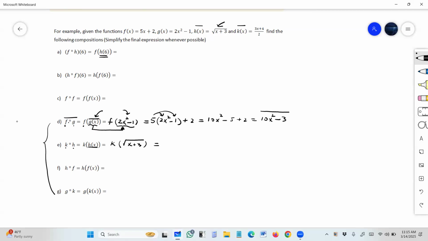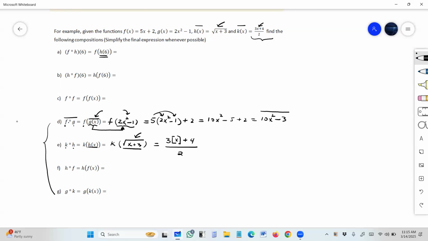So again, instead of finding k at a particular number, I'm going to find it at square root of x plus 3. So look at the k function. Here is the k function. And wherever you have an x, you're going to replace it with square root of x plus 3. Okay, so I'm going to write it this way first so that you can maybe understand. I'm going to put this bracket here, plus 4 over 2.